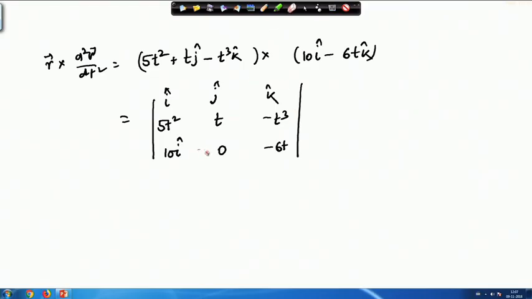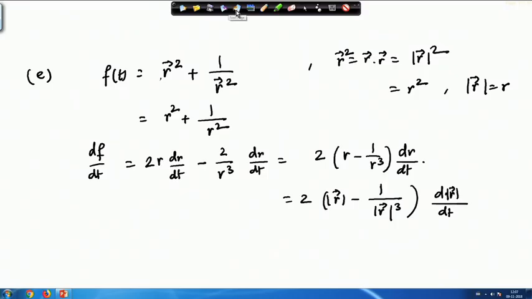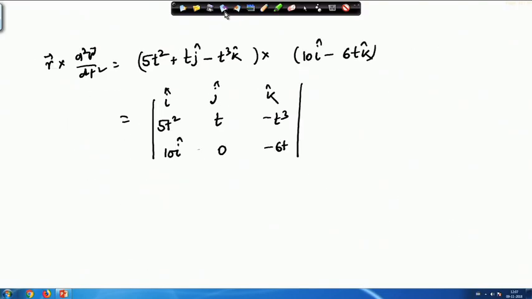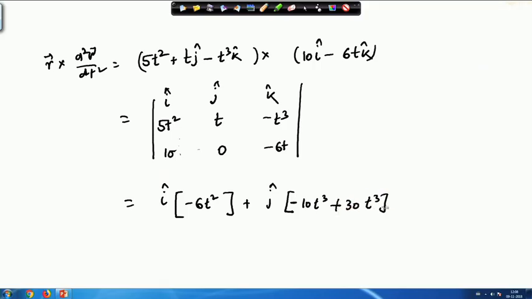If we simplify this whole thing, we end up getting an expression something like i times minus 6t² plus 0, plus j times minus 30t³ plus 10t³, and then k times 0 minus 10t.